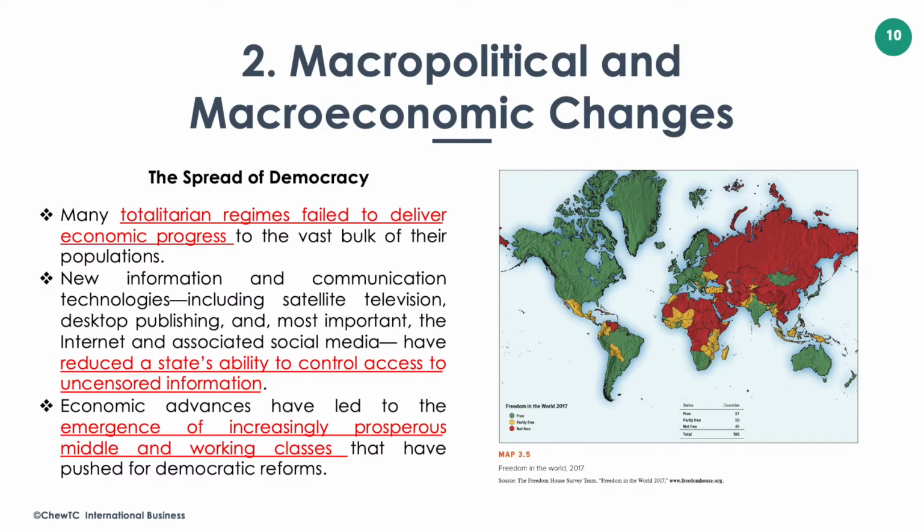First, many totalitarian regimes fail to deliver economic progress to the vast bulk of their population. The collapse of communism in Eastern Europe, for example, was precipitated by the growing gulf between the vibrant and wealthy economies of the West and the stagnant economies of the communist East.